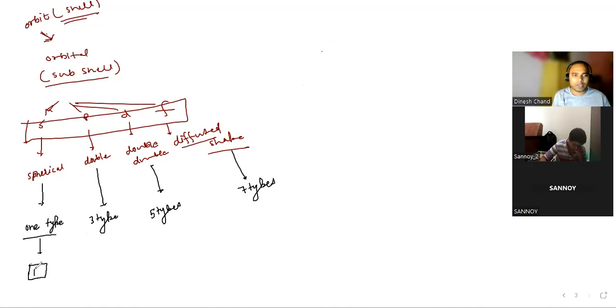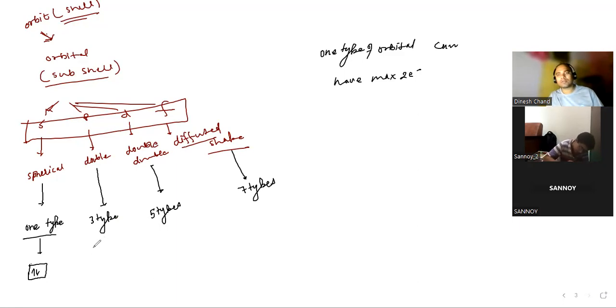The rule says one type of orbital can have maximum 2 electrons. So for this one type, one should be fully filled, another half filled? No, not like that.